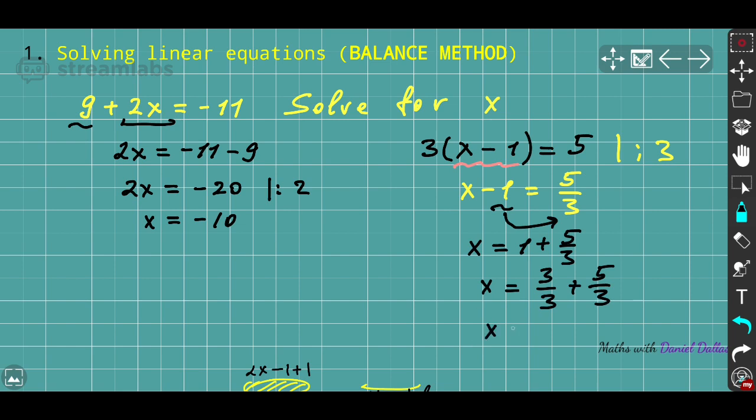That means it will leave your 3 in the bottom as the common denominator, because the denominator is the same, so you don't touch it, and you put a single common line for the fraction, and you add 3 and 5. You add the numerators. So in this case, you finally get 8 over 3.